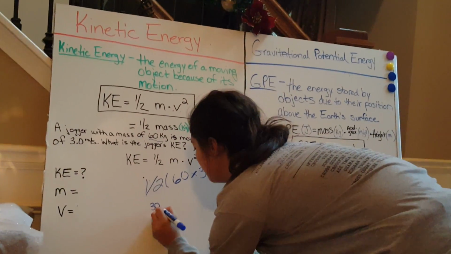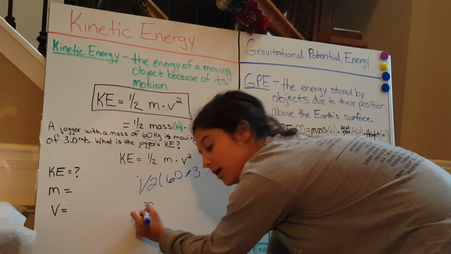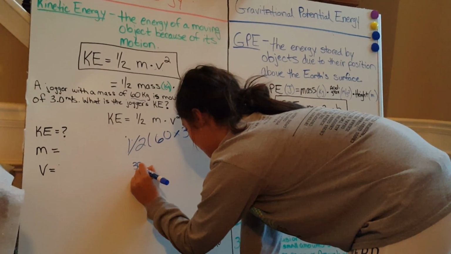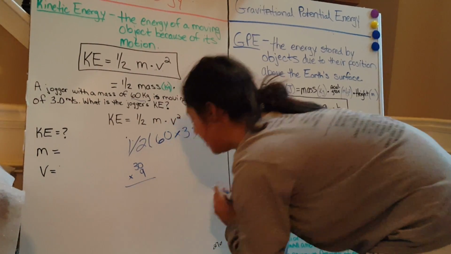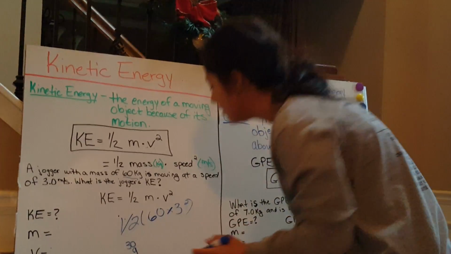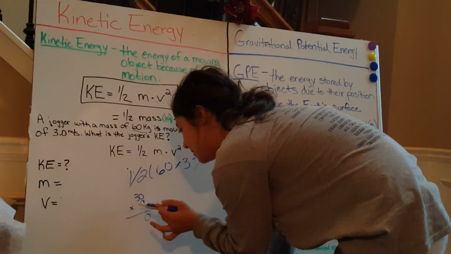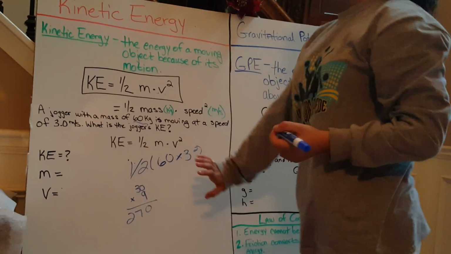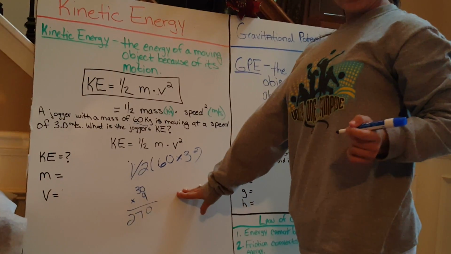So you are going to multiply 30 by 9. If you type that in your calculator, 0 times 9 is 0, and 9 times 3 is 27. Now, that is your final answer.